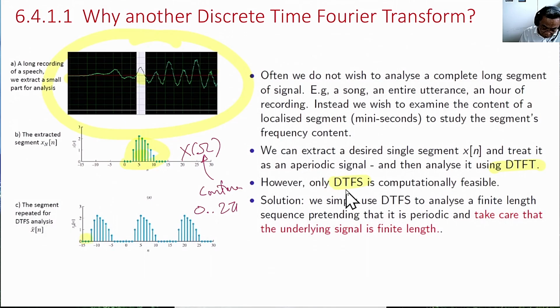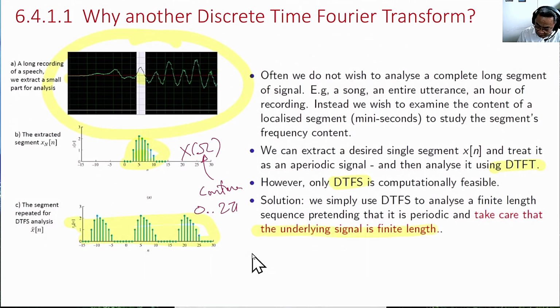Well, first we repeat the signal, and now it's a periodic sequence, and since it's a periodic sequence, we can take DTFS. So the solution is, when we have a finite sequence, we pretend that it is periodic, basically extend it to be periodic, and then take the DTFS.